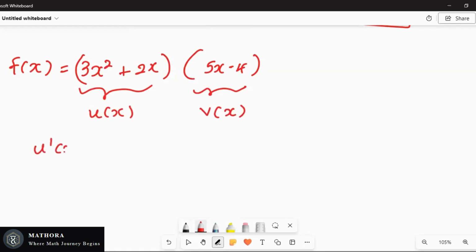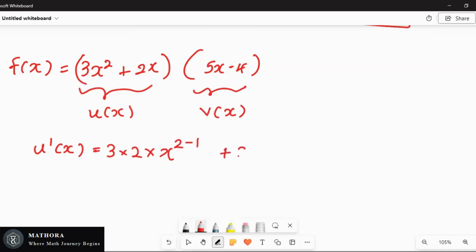So u dash x will be, as you know, for 3x squared, you know from the previous video, 3 stays like that. Then you need to take the power to the front, that means here it's 2. Then you need to subtract 1 from the previous power, so 2 minus 1.